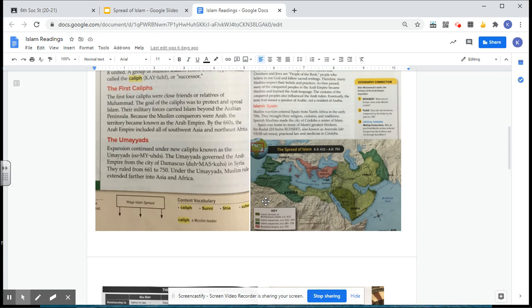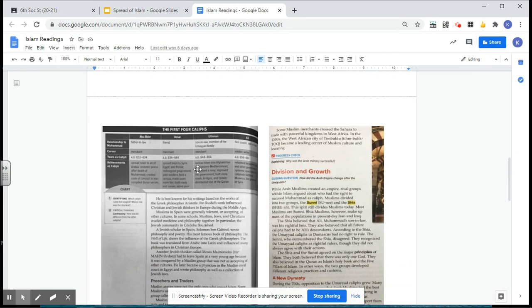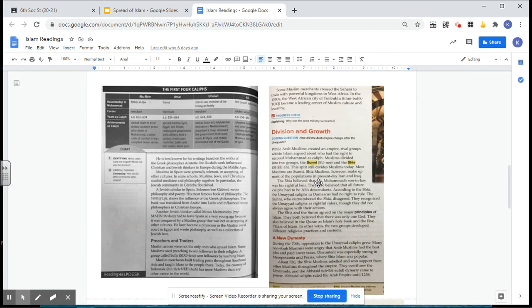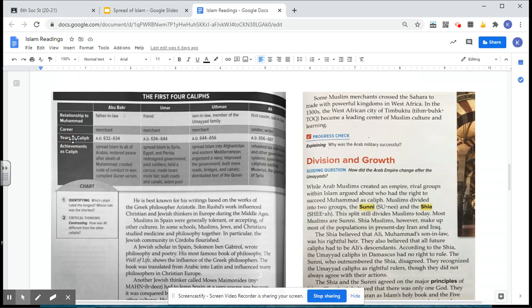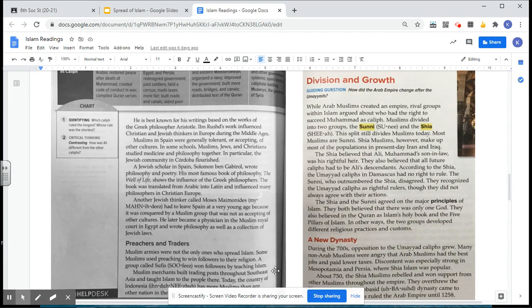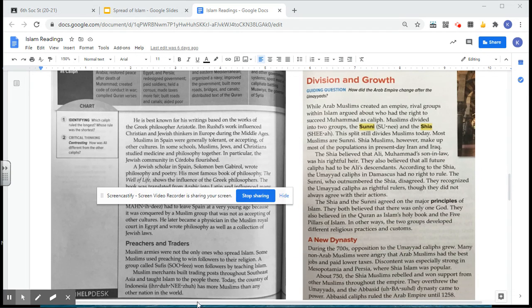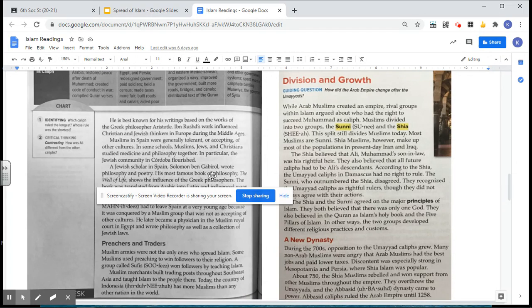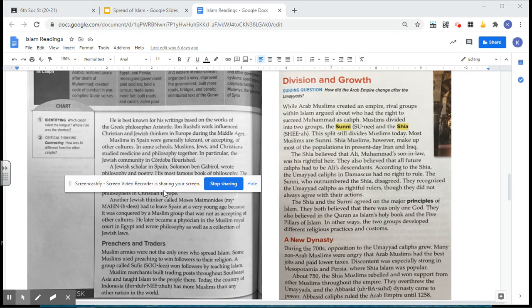You guys can see they talk about the Umayyads, and there's the chart. And on this page right here, they start talking about the Sunni and the Shiite. I'll make it a little bigger as we look through this, but I'm assuming you found what you needed to find, and I'm just going to leave it here as a reference point.